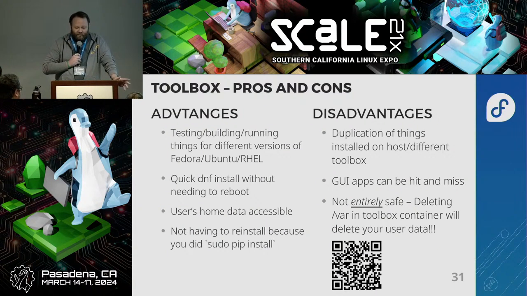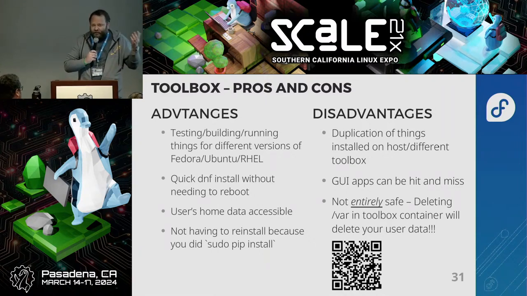Advantages: testing, building, running different things for different versions. Makes it really easy for you to do on your laptop without having to use VMs or other things. You can do that quick DNF install without having to reboot. Your home data is all accessible there, and most of all, because I'm assuming I've definitely done this, right?